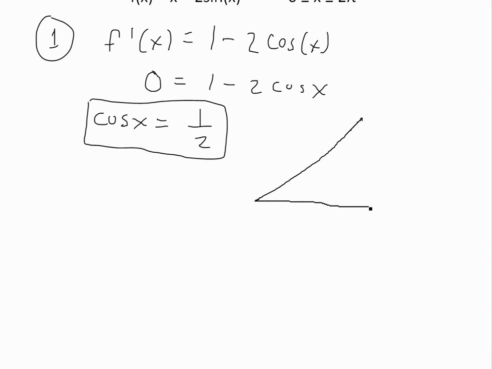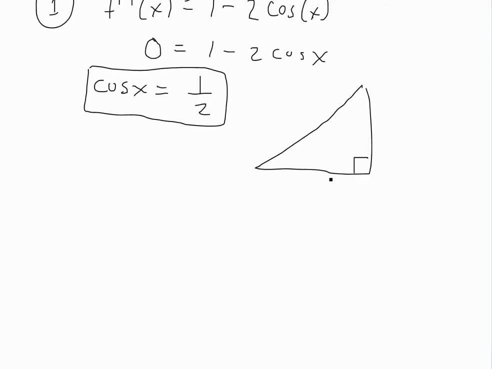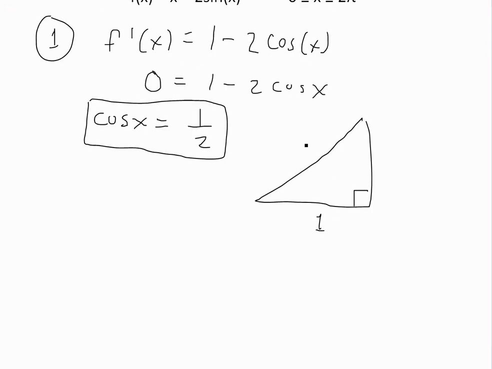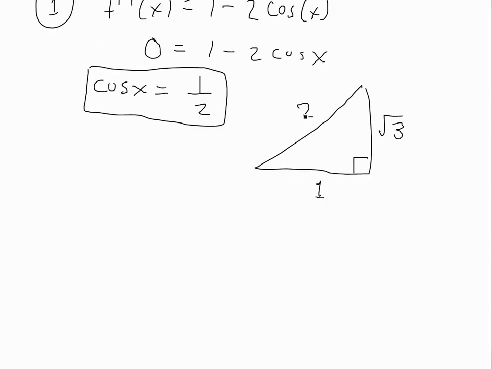If you draw a triangle with the adjacent side 1 and hypotenuse 2, since cosine is adjacent over hypotenuse, the other side is the square root of 2 squared minus 1 squared, which is the square root of 3. So this angle is pi over 3.